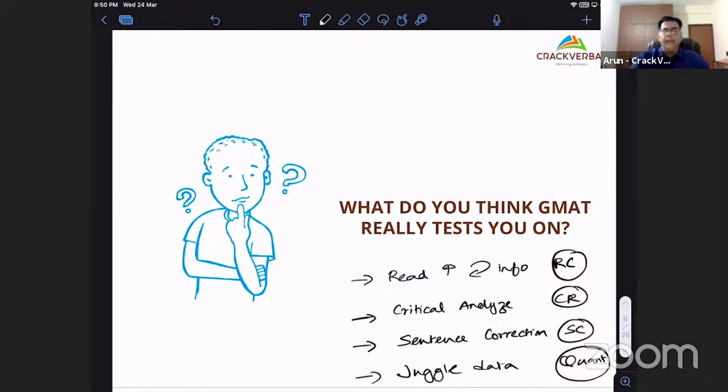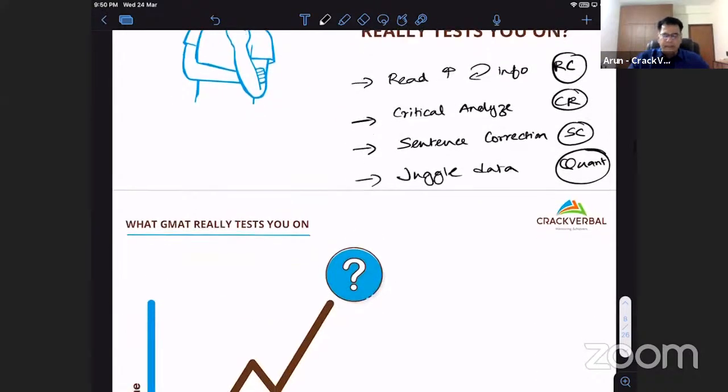So don't try to think of GMAT as English, because if you are a non-native speaker, if you are an Indian, for example, you have not learned English as the only language. You have learned so many other languages. It is very easy for us to think that I need to learn English. You don't need to learn English. You need to know how to use verbal ability, right? It's a very different kind of skill, right? So I want you to keep that in mind.